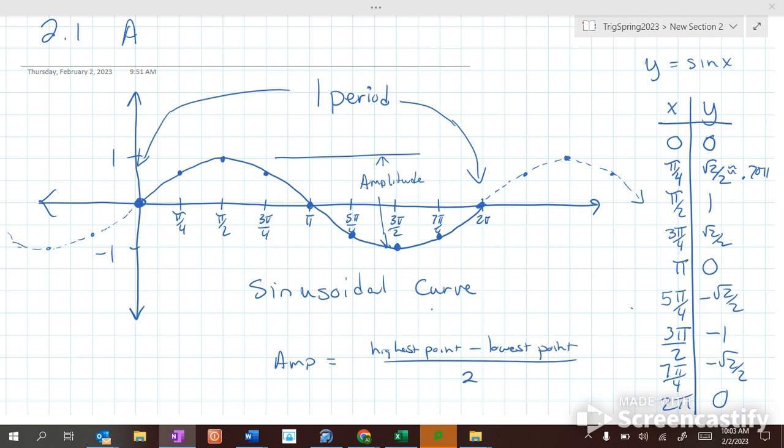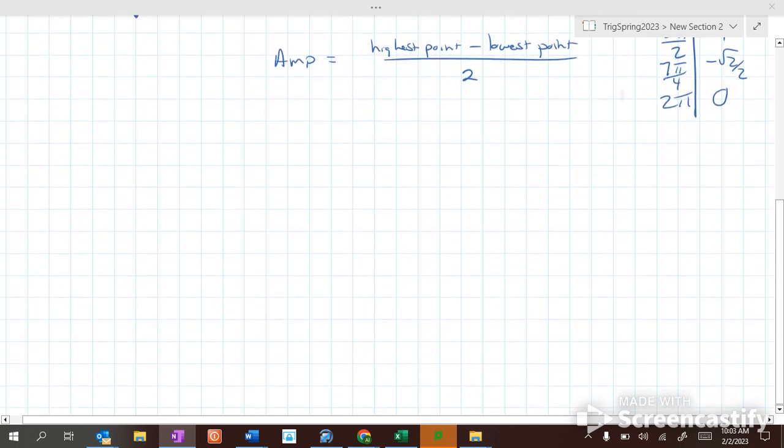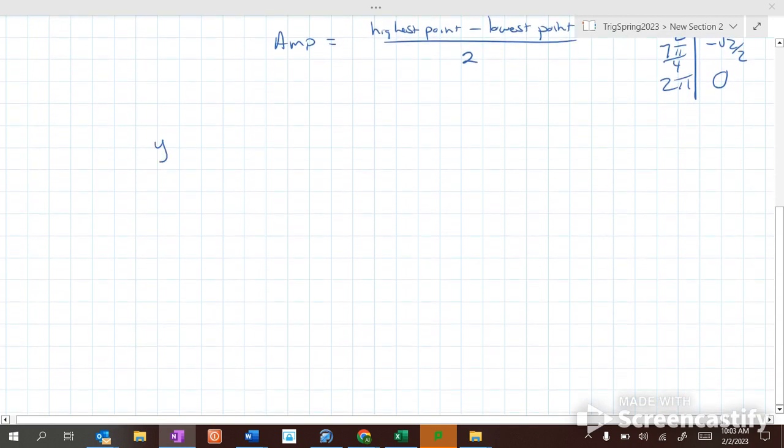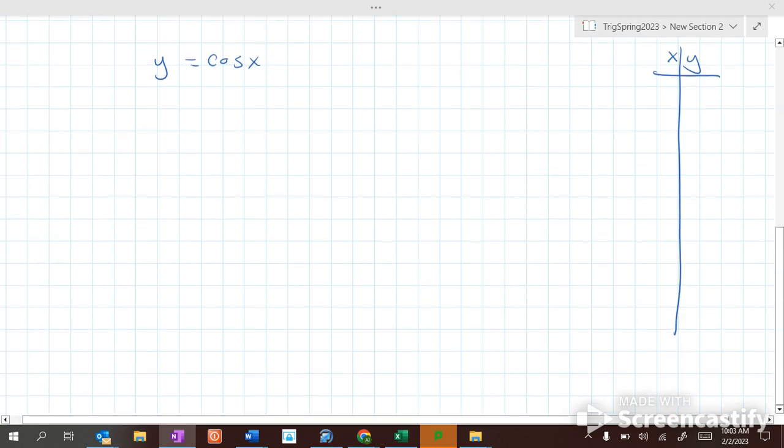Now we're going to look at the cosine curve. At 0, what's cosine of 0? 1. Pi over 4, what's cosine of pi over 4?